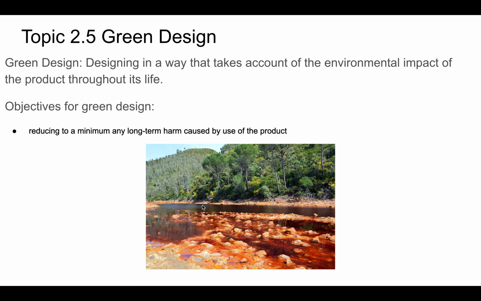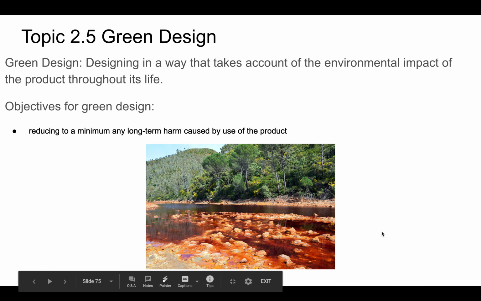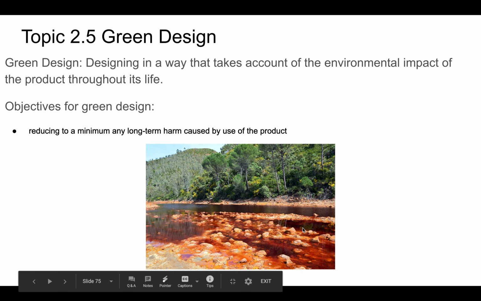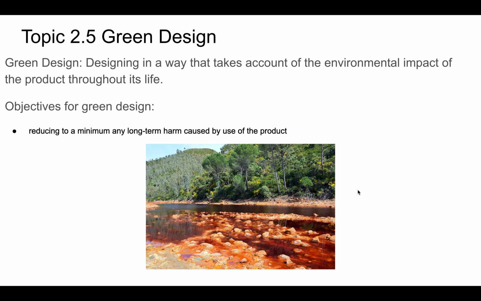This is a river, and basically what you're looking at is leaching metals and chemicals and things like that from mine tailings. So mine tailings are basically the leftover bits of ore when you're done mining, and they can be full of toxic metals that can leach into rivers and things like that, and that can cause some really long-term harm because this kind of problem is going to last for years and years and years, and there are many examples of this kind of thing happening, where you'll have long-term harm.